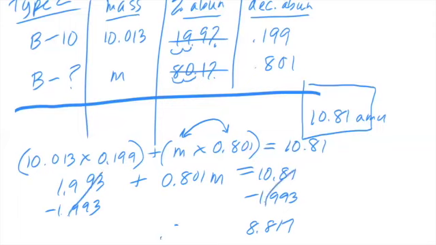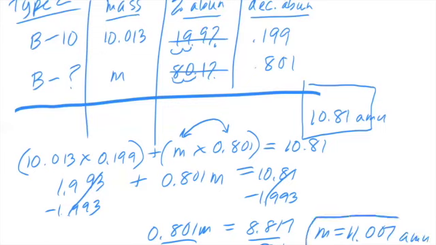And I have 0.801 m is equal to 8.817. So divide by the 0.801 on both sides, and you get m is equal to 11.007, and that unit would be AMUs.